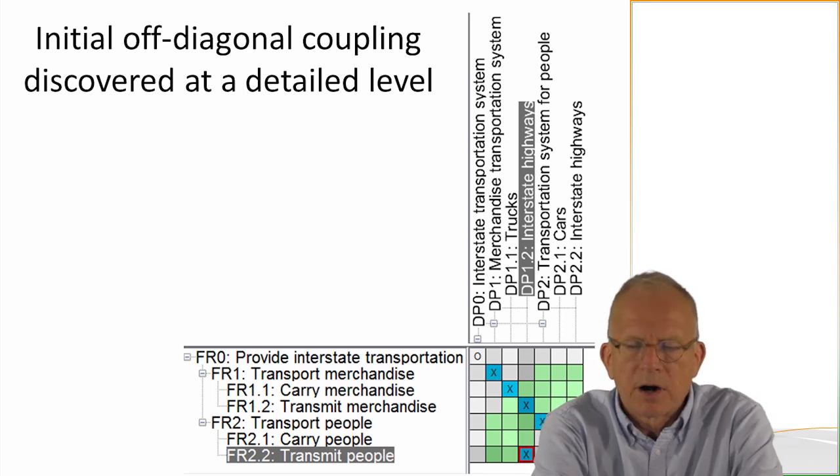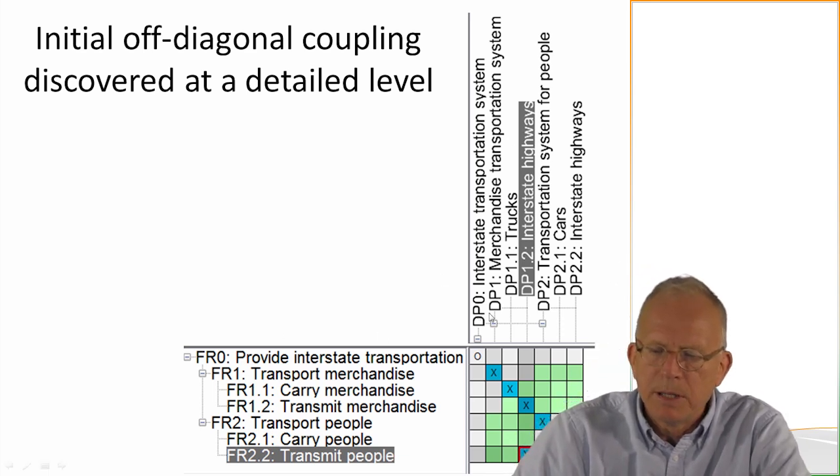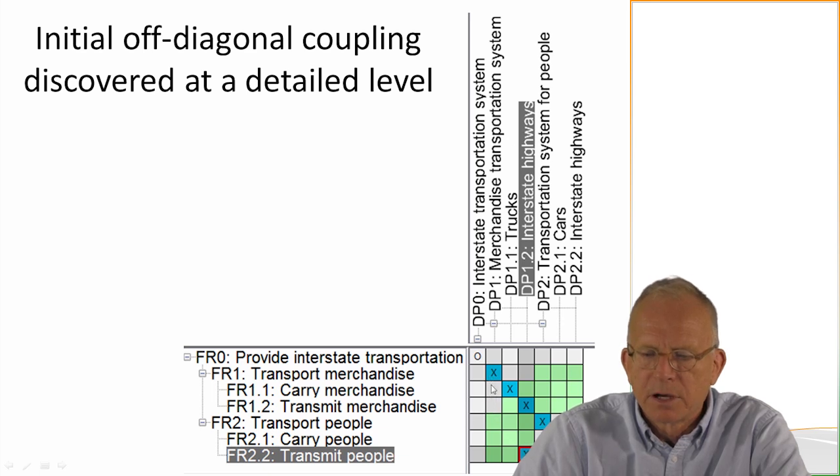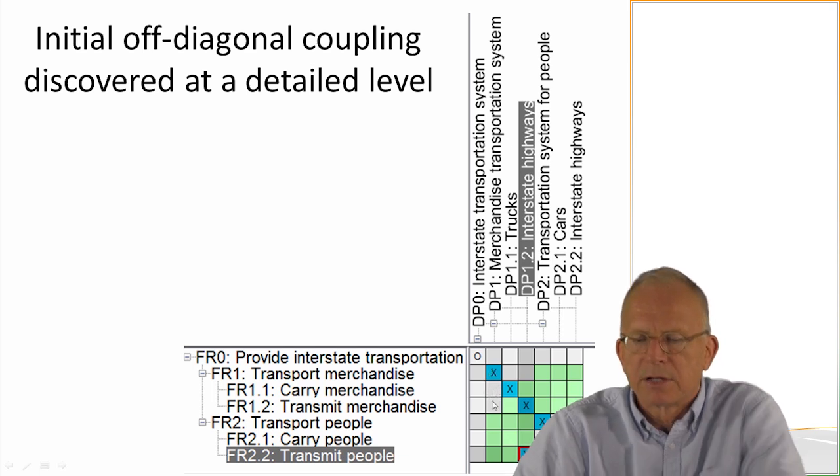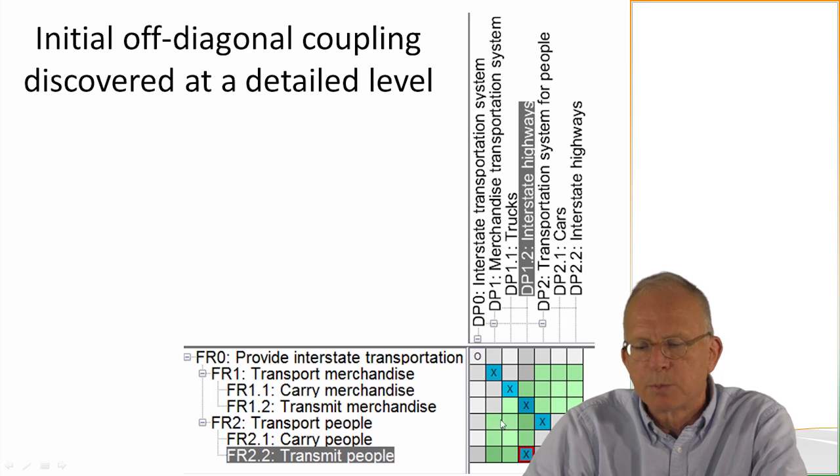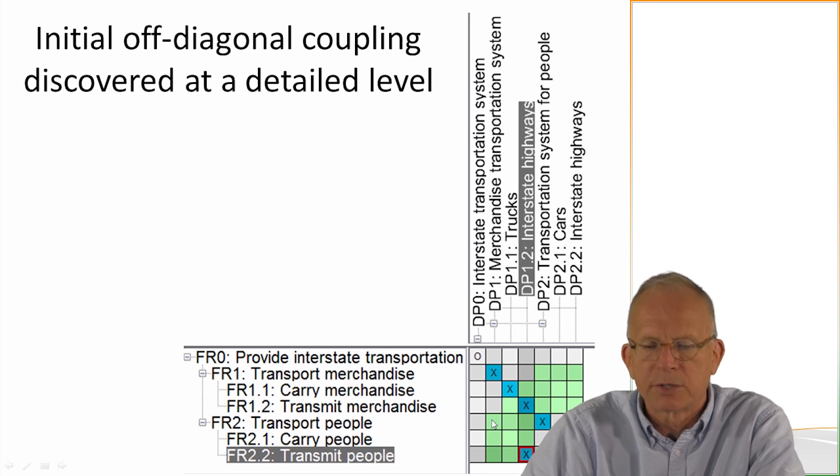As we start looking at each DP and going down to see which FR it might influence, leaving this gray means that we thought this DP should influence this FR, and naturally we don't need to see that it influences the children. So that's why those are gray. But at this point we could put an X or an O in. I've chosen to leave it blank.